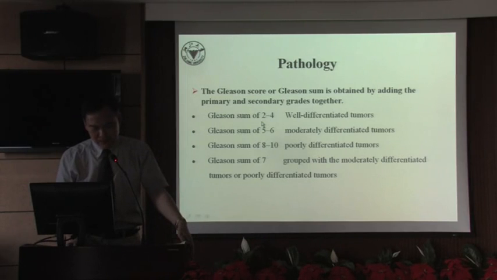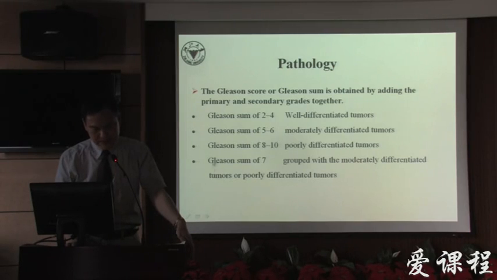Gleason sum of 2 to 4 means well-differentiated tumors. Gleason sum 5 to 6 means moderately differentiated tumors. Gleason sum of 8 to 10 means poorly differentiated tumors. And Gleason sum of 7 is grouped with the moderately differentiated or poorly differentiated tumors.